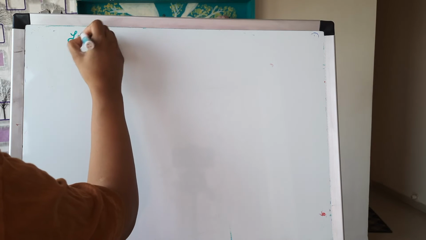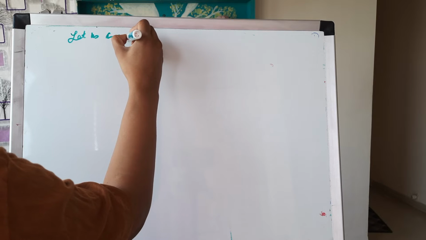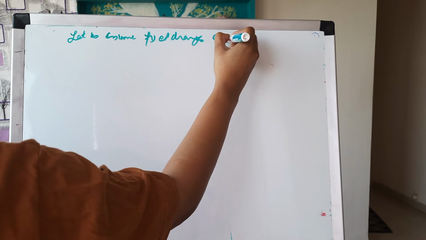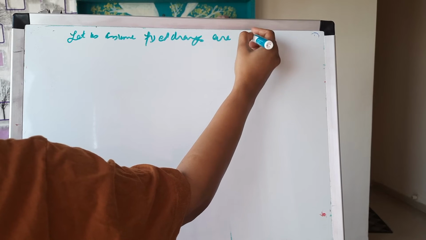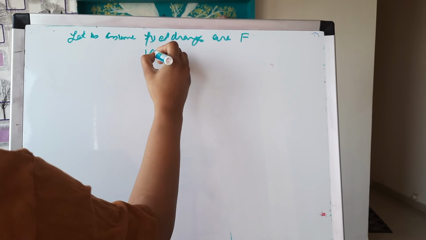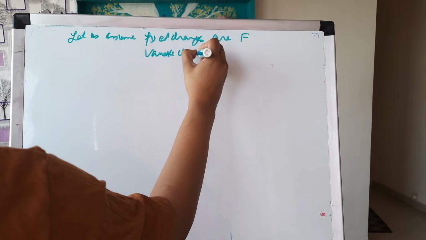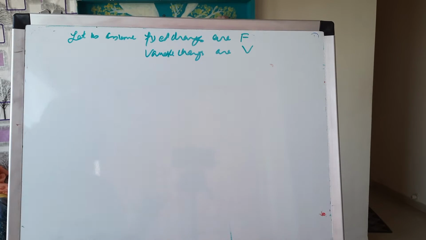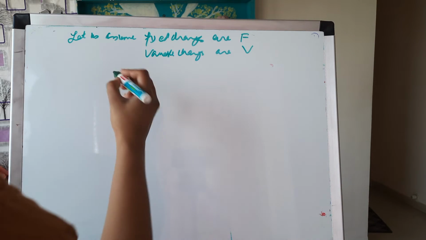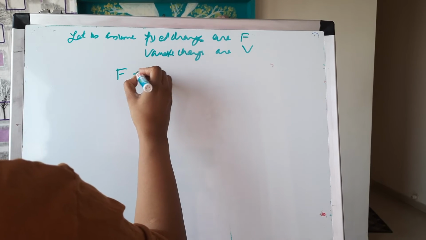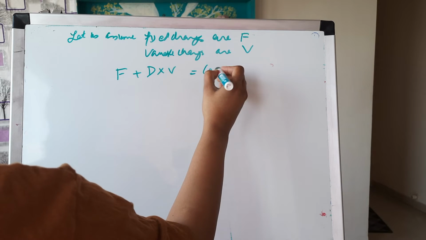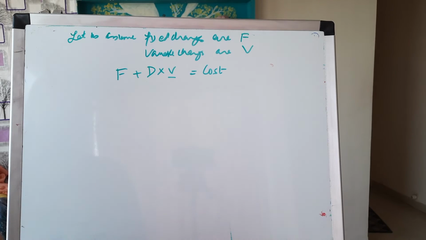So let us assume fixed charges are F and variable charges are V, right? Fixed charge is the charge that is incurred irrespective of the distance covered. So if the distance covered is D, then this is the cost, right? V is the variable charge.